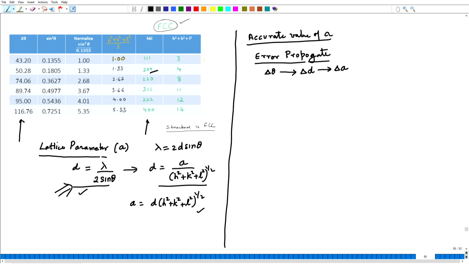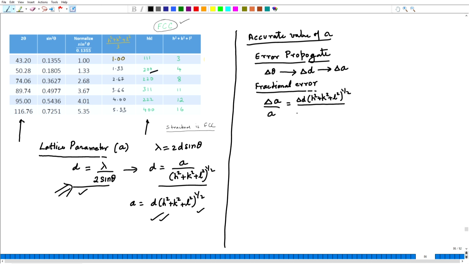Let us try to write a fractional error. The fractional error in lattice parameter A could be written as delta A divided by A. Now, if I look at this equation here, delta A could be written as delta d times h square plus k square plus L square to power half; I have simply differentiated it.